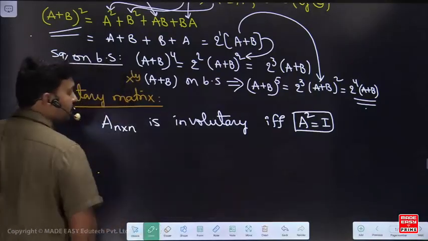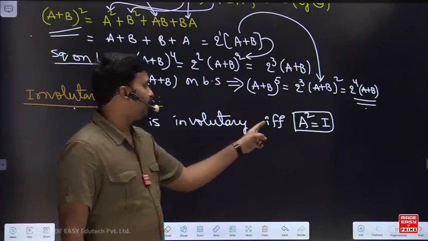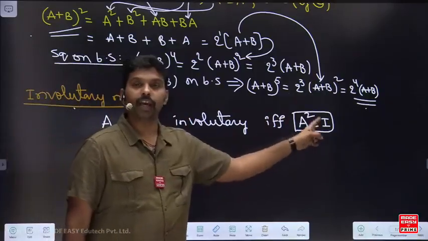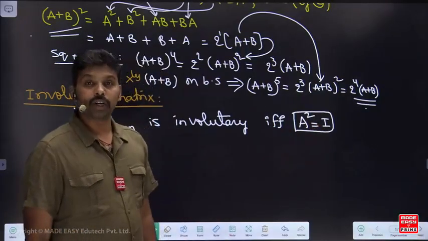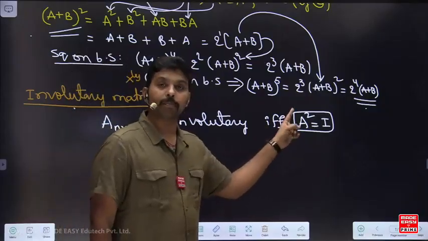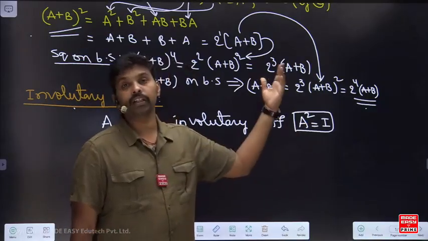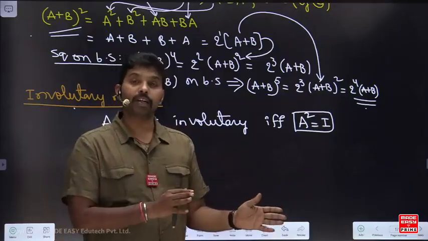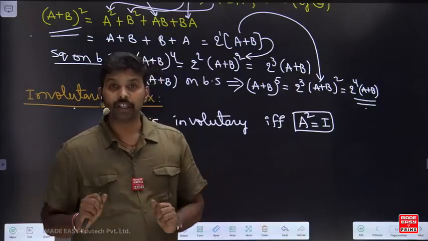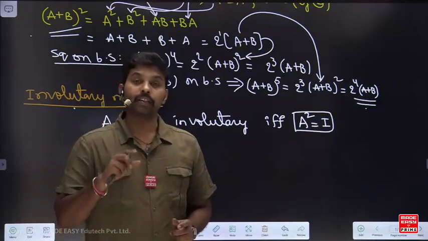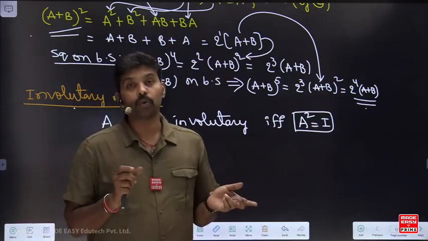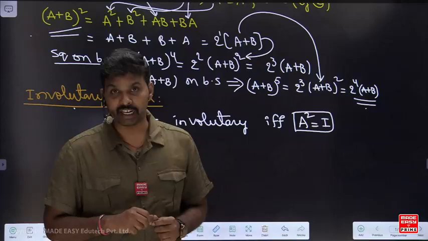So now see that A, n by n, is an involutory matrix. So it is a square matrix, involutory if and only if A square is equal to I. So that means the matrix is multiplied by itself and you are getting the identity matrix. मतलब एक मैट्रिक्स अपने आप से मल्टीप्लाई करता है तो आइडेंटिटी मैट्रिक्स मिलता है. जनरली दो मैट्रिक्स मल्टीप्लाई करता है तो आइडेंटिटी मैट्रिक्स मिल गया, तो वो दो मैट्रिक्स को हम इनवर्स टू ईच अदर कहते हैं.